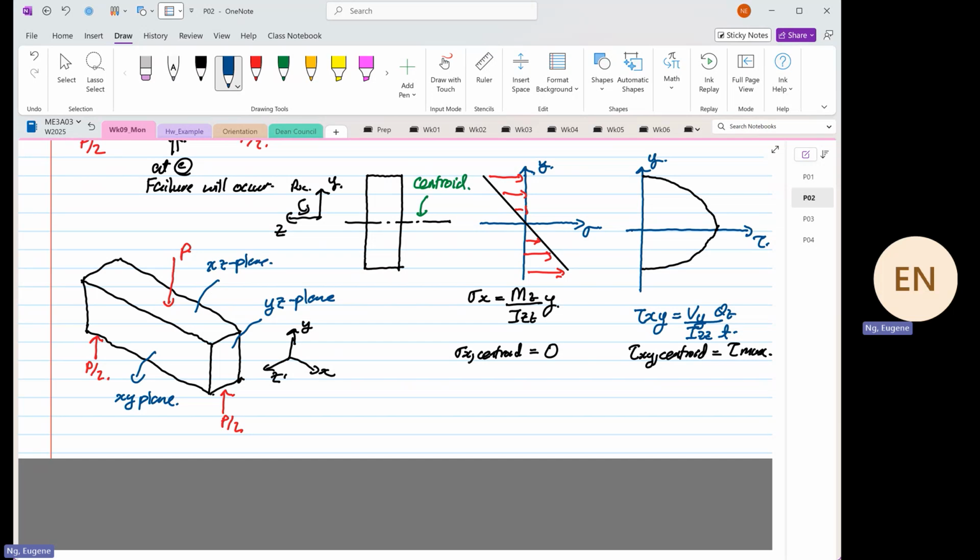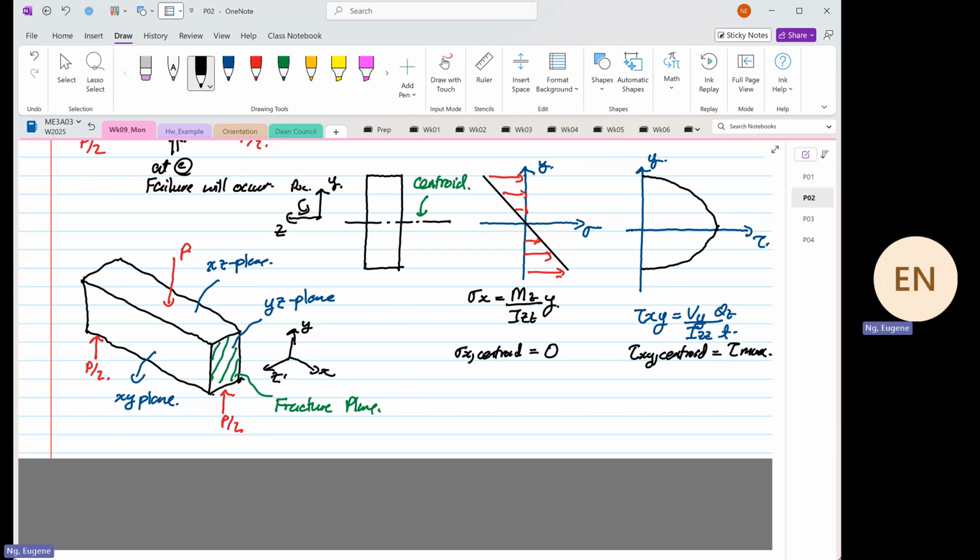Are we clear? Okay. So where will fracture occur? We know fracture will occur on this surface. We know that this is the fracture plane.